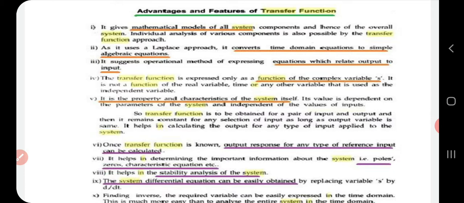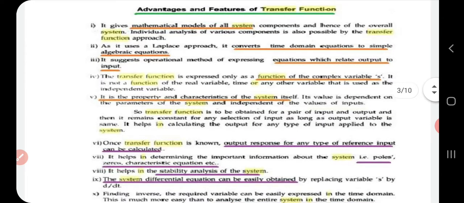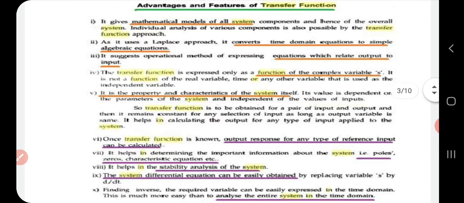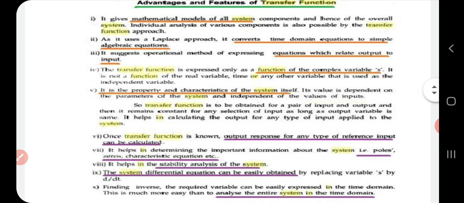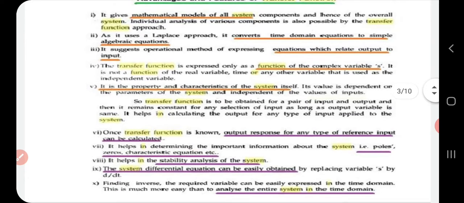Individual analysis of the various components is also possible by the transfer function approach. Then, it converts time domain equations to simple algebraic equations, so calculations become easy. It also makes it very easy to express equations which relate output to input.